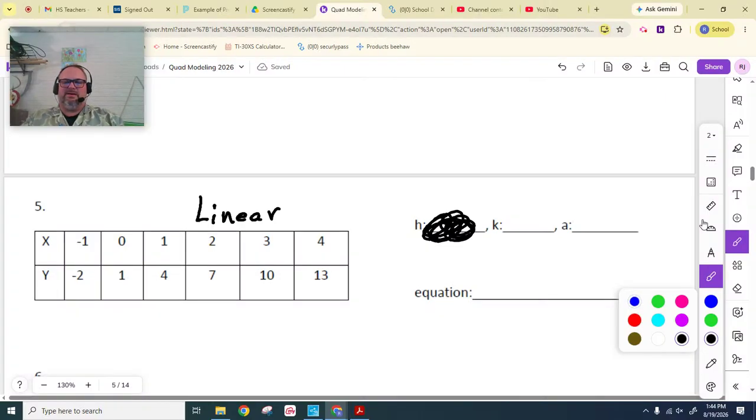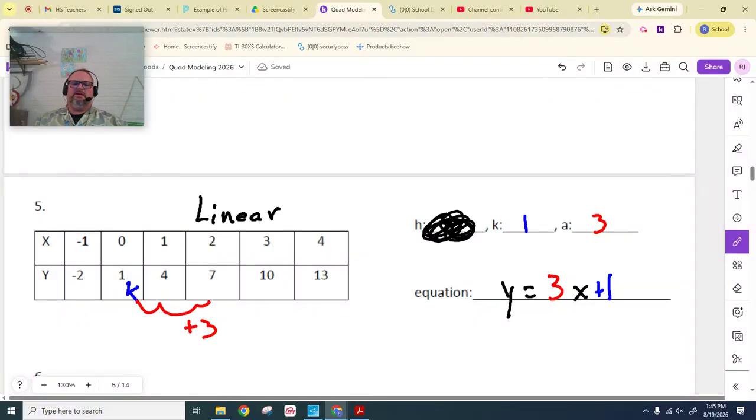Alright, our k value, this is what we had previously, that would be 1. And our a, it looks like it's adding 3. So this is what it would look like. 3 plus 1. Okay. So if I told y'all to not do that one again, my bad.